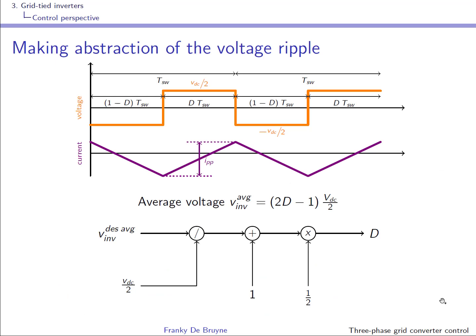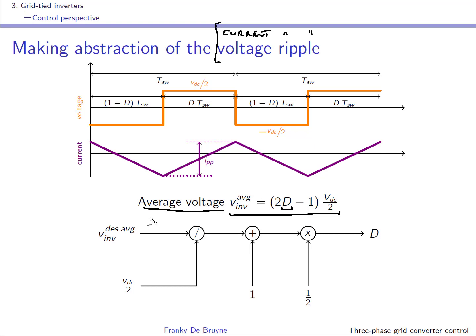We're making abstraction of the voltage ripple, but also of the current ripple as well. So we are interested in the average voltage that is being applied over a switching period, and we've seen that this average voltage can be calculated using this formula, and it's of course influenced by the duty cycle.